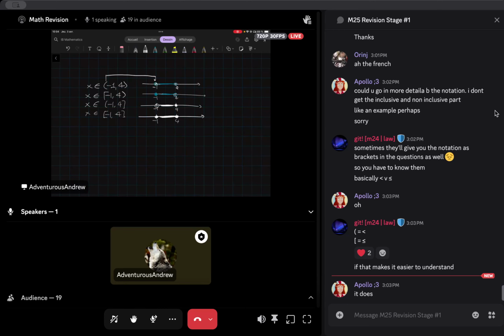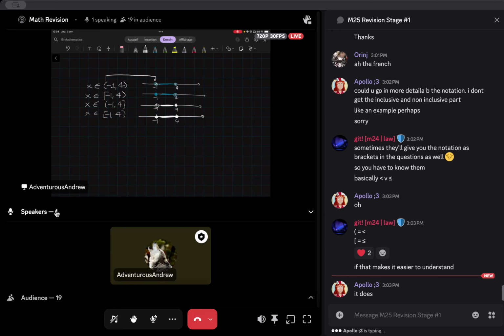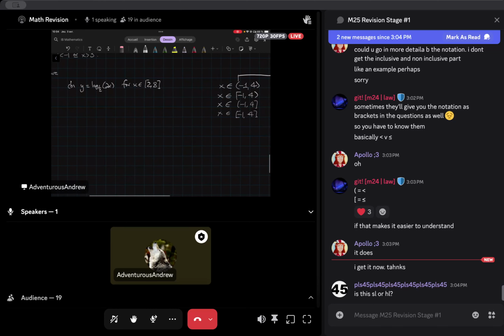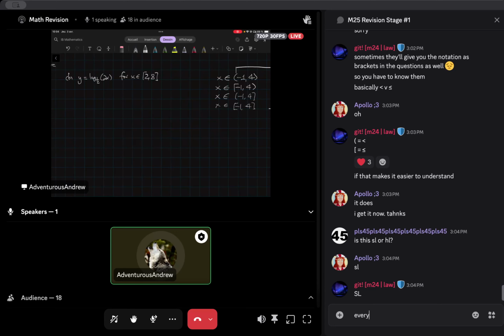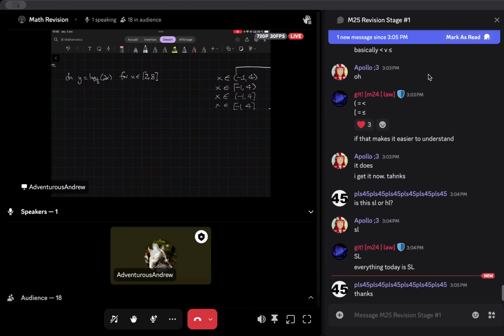Back to this. Log base 1/2 of 2x for x between 2 and 8. Is this function increasing or decreasing? That's always going to be your first question.